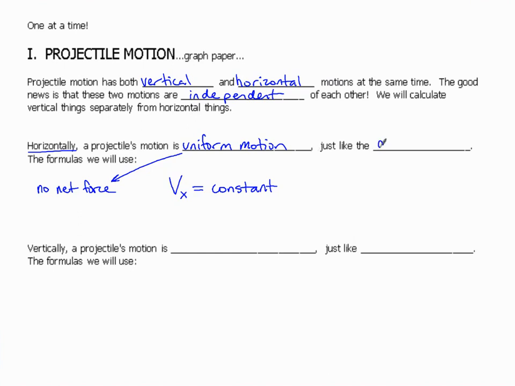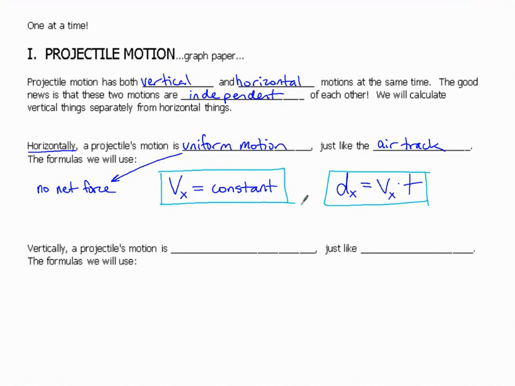Uniform motion, just like the air track. Your other formula, horizontal distance, dx. The horizontal distance equals the horizontal velocity times the time. These are the two formulas that we'll need for the horizontal component of projectile motion.